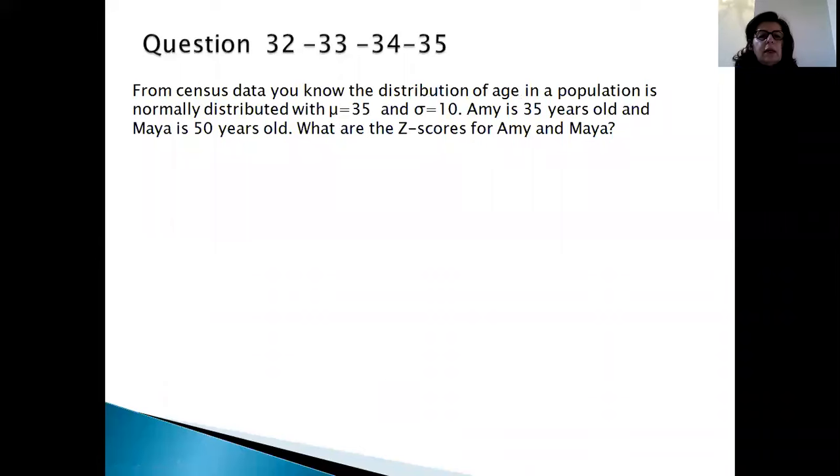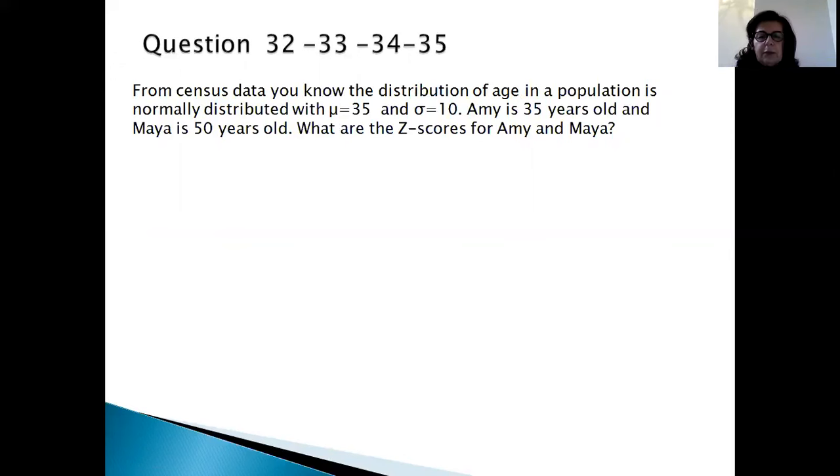From census data, you know the distribution of age in a population is normally distributed with mu 35 and sigma 10. Amy is 35 years old and Maya is 50 years old. What are the z-scores for Amy and Maya?